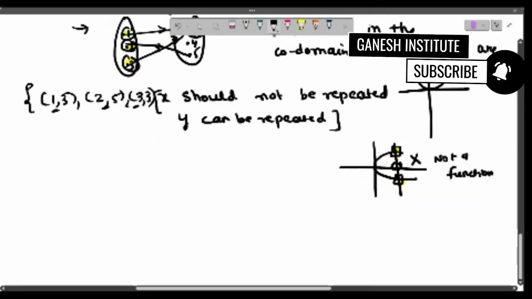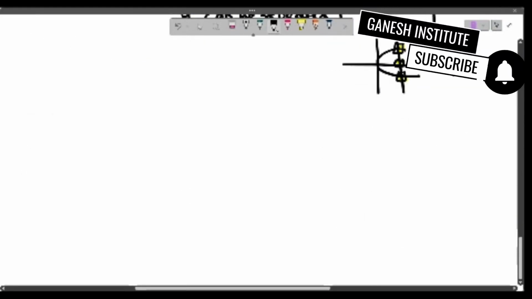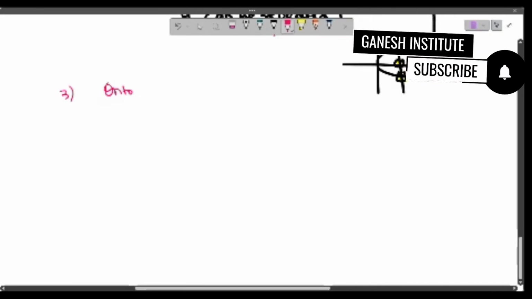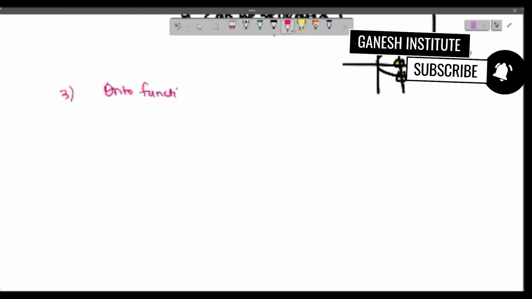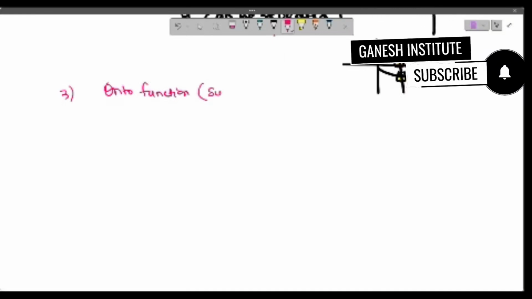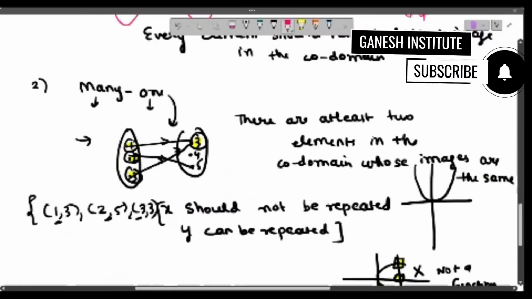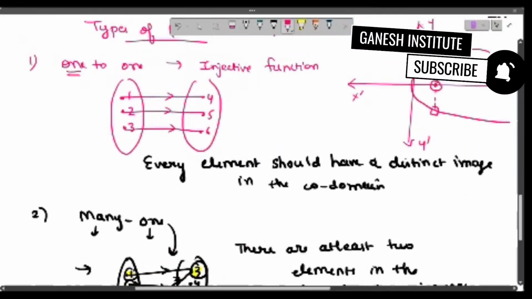Then we have a very important onto function. This is the surjective one, right? Those are so confusing. It is injective and surjective.